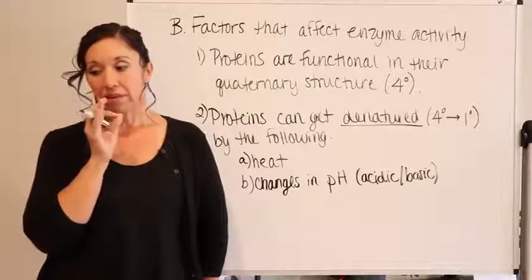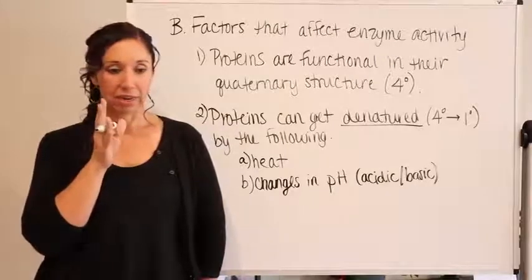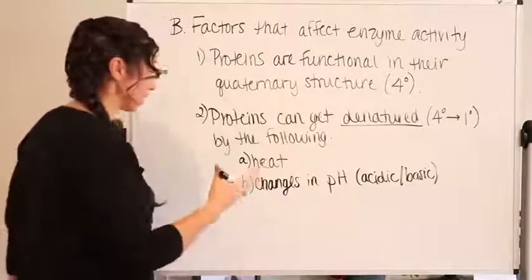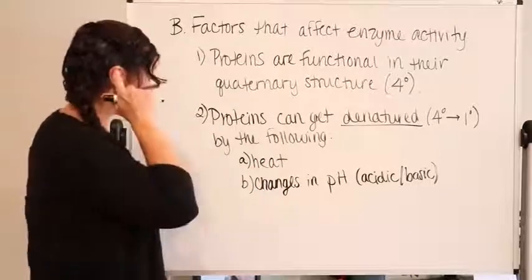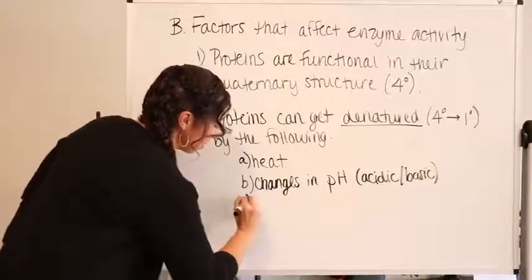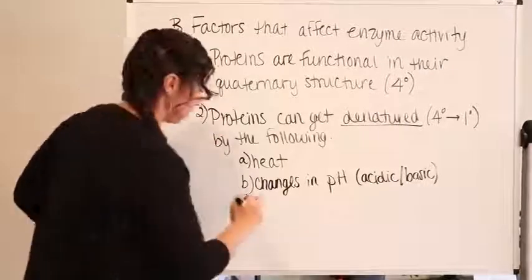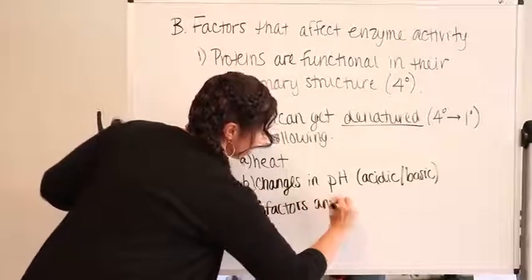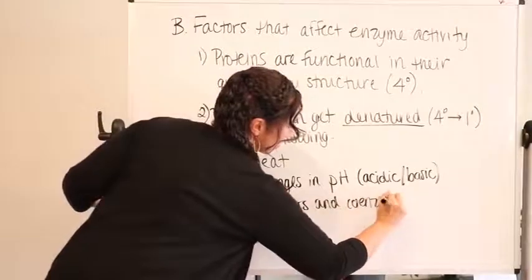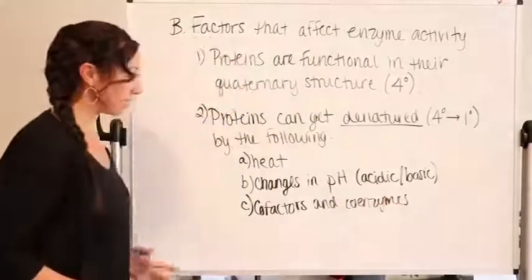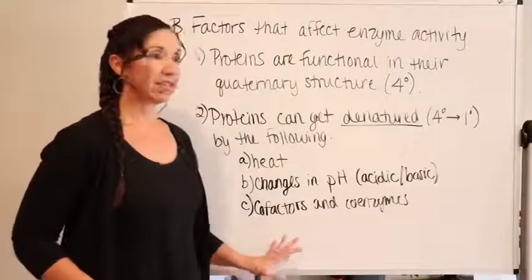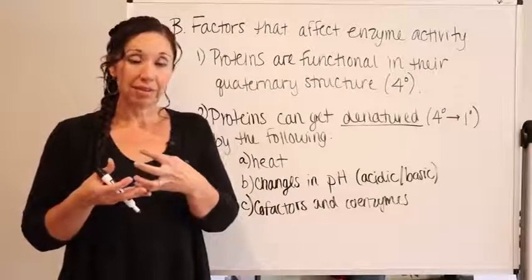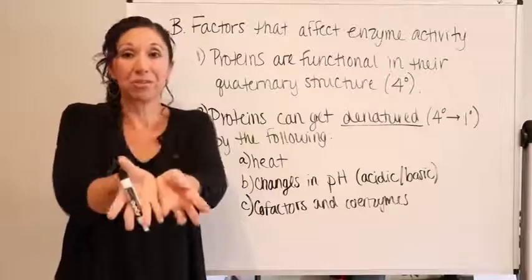There's the other one that is very slight but very present in animal cells and plant cells and eukaryotic and prokaryotic cells, something called cofactors and coenzymes. What you need to know is that these are essentially molecules that will bind to the enzyme to enable it to get the right shape to do its job.